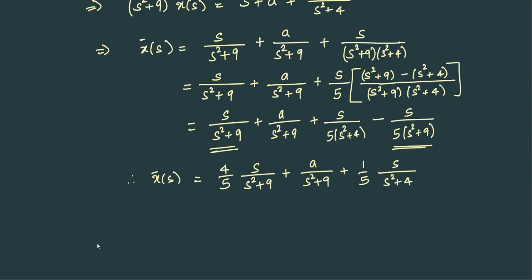So therefore x of t, Laplace inverse of this. Now first term is a standard Laplace inverse. We apply Laplace inverse now. This is s by s square plus 9, we get this as cos 3t.